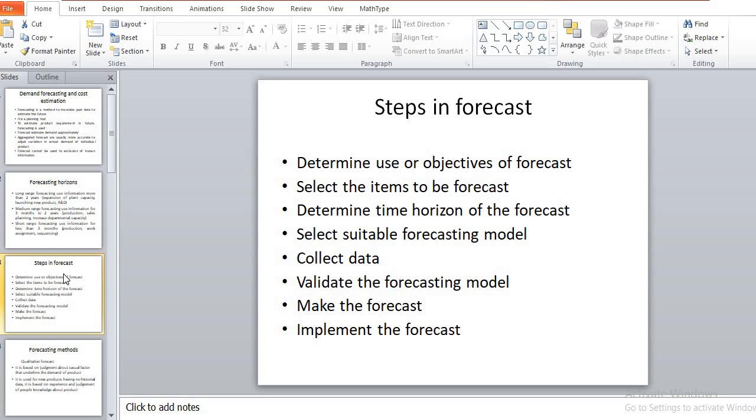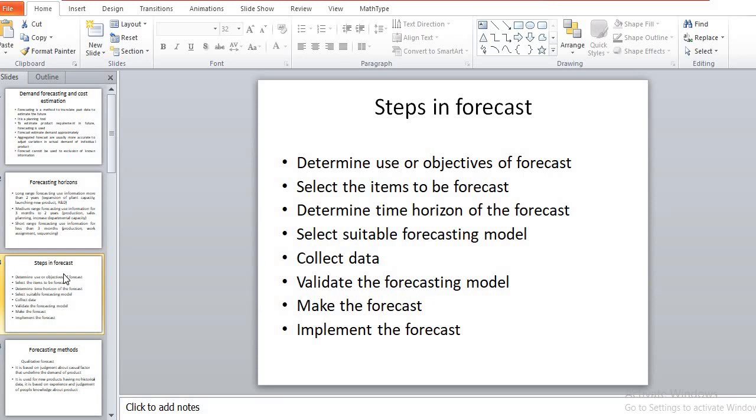If you select a suitable model, the accuracy of that forecasting will be increased.